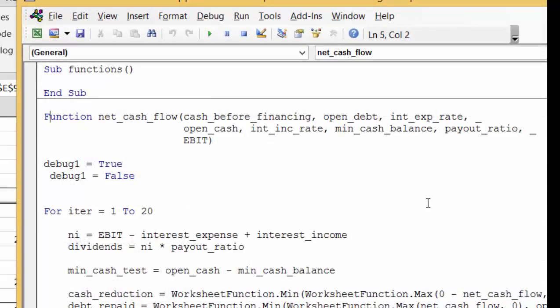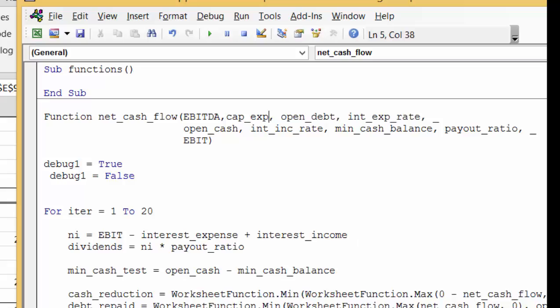And let's start with our EBITDA rather, and then we better put in the CapEx, because we have to subtract that.